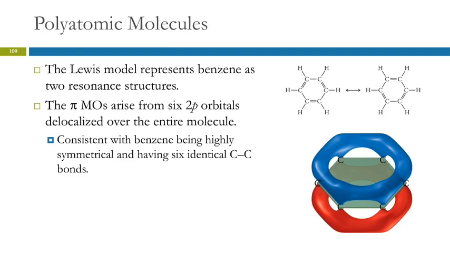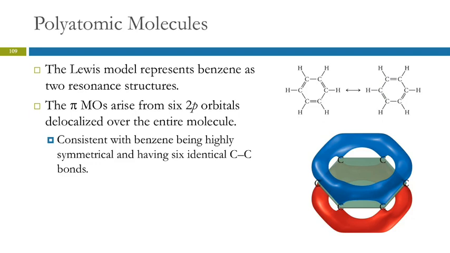One that's very, very important for organic chemistry, which some of you will be taking, is benzene. So benzene is a carbon ring, 6 carbons in a ring, and each of those carbons has a hydrogen bonded to it. And the Lewis model represents this as 2 resonance structures. So here the carbon double bond is between these 2 carbons, and over here that one has a single.